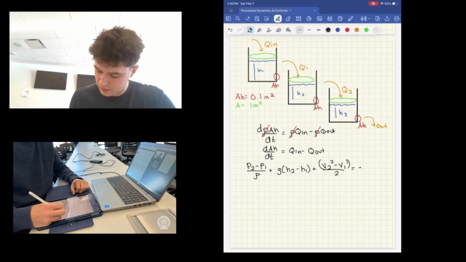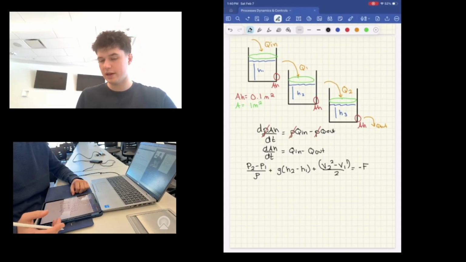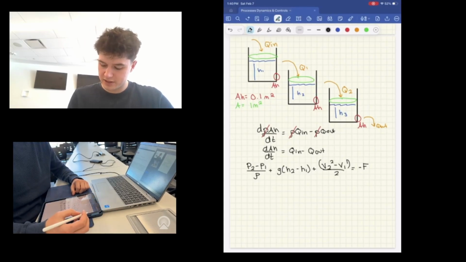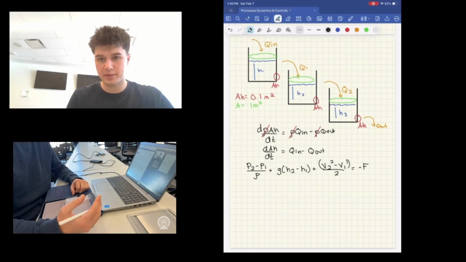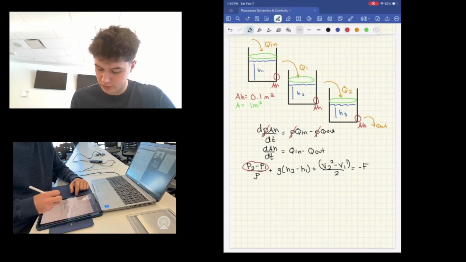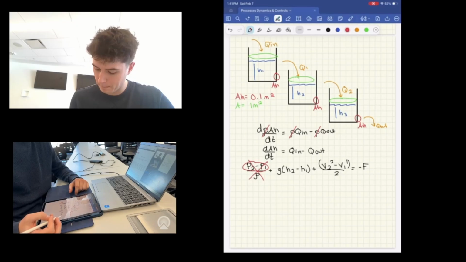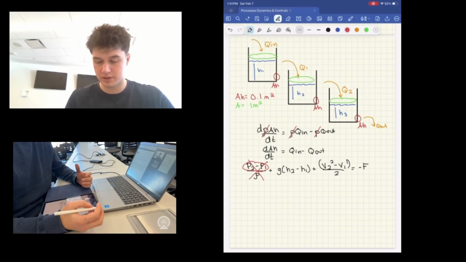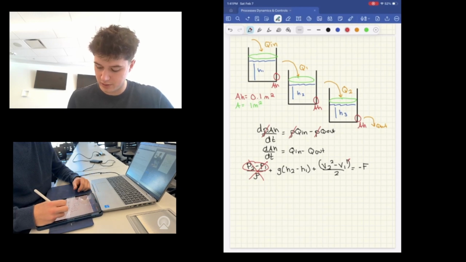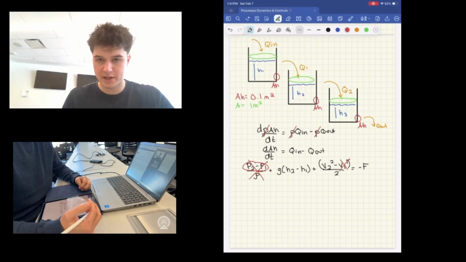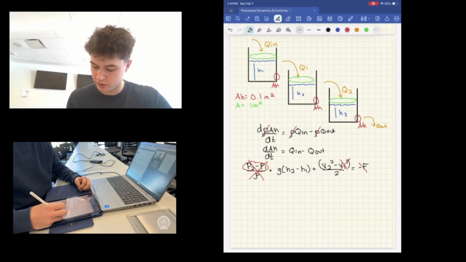This is going to be equal to the friction factor. Now, there are also some assumptions we are able to make in this equation. Since the entire system is exposed to the same atmospheric pressure that is not changing, we can assume that these two variables are going to equal 0. So 0 divided by anything is going to be 0, so this cancels out. And then also, we're able to assume that our velocity into the system, V1, is also going to be 0, so this can be canceled out. And then friction is not going to play any effect in this system, so we're also going to cross this out.